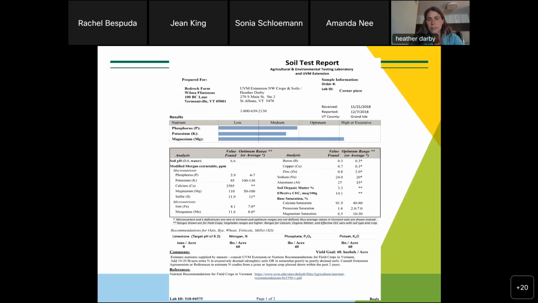The next thing on our list is the effective CEC, which is the cation exchange capacity. That's the ability for cations to move on and off of the soil colloids. I'll talk about that a little bit more in a minute here. The cation exchange capacity, most soil tests report this, not all of them, really in most soils should be between 10 and 12 milliequivalents per 100 grams.